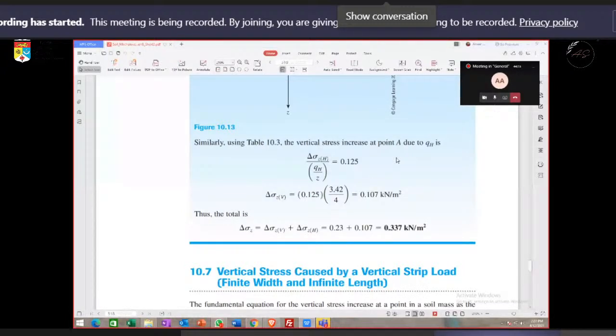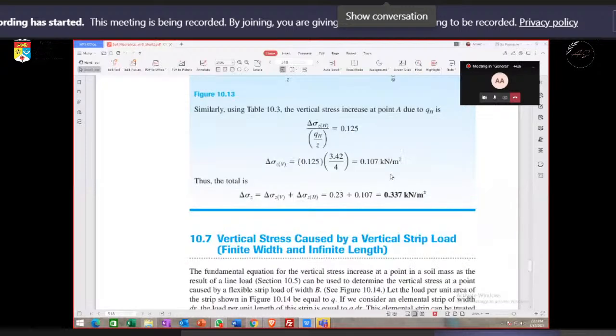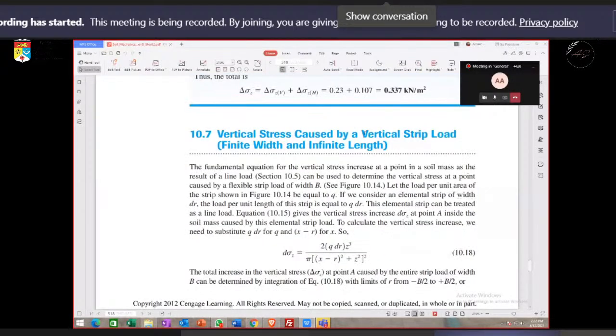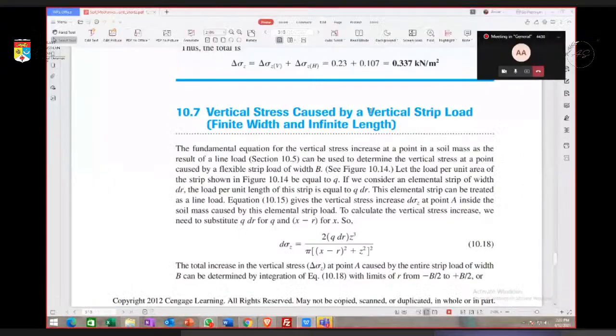And this one is for, let's say, the load is a vertical strip load. When they call it strip, not line, strip means that there is a width. For example, if the width of the wall is considerable, big enough, then we can consider it.